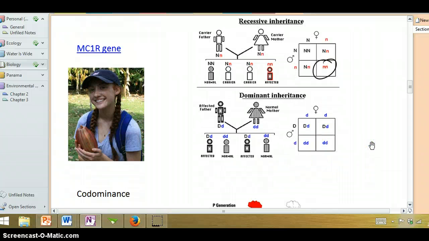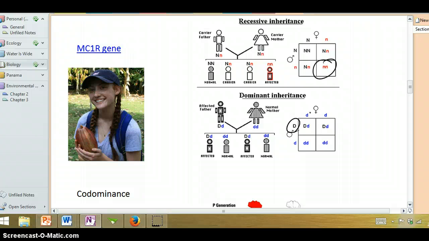Now, with dominant inheritance, notice that it only takes one of the parents having the trait for at least half of the kids to express it. So, on average, dominant traits tend to be expressed more, all else being equal. Now, if the dominant allele is very infrequent in a population, the dominant trait won't be expressed very much, but if it's fairly common, then it'll be expressed quite a bit.